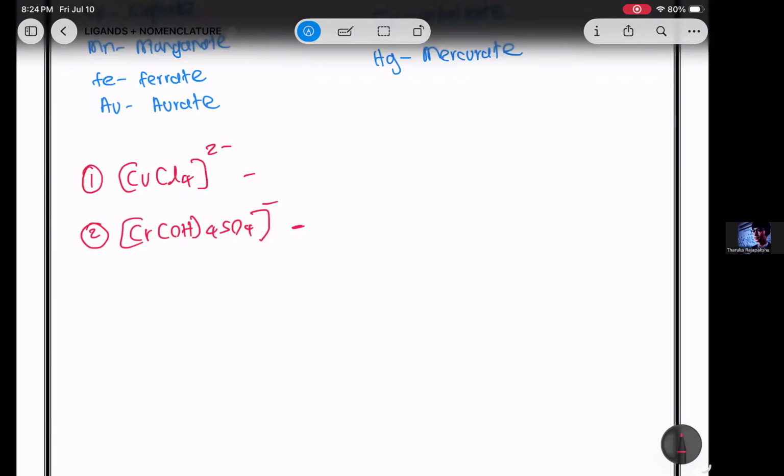So first one we'll look at. This is tetrachlorido cuprate. Cuprate 2. And finally you add ion. Cuprate 2 ion.